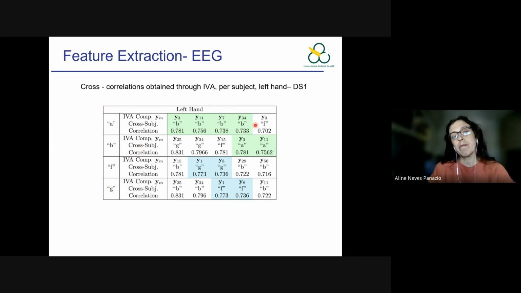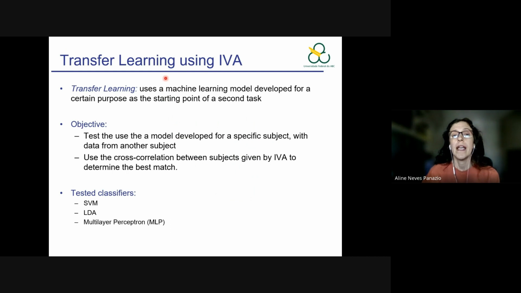So we thought about exploring this information in the context of transfer learning. Transfer learning is the idea of using a machine learning model that is developed for one task, at least as the starting point of a second task.